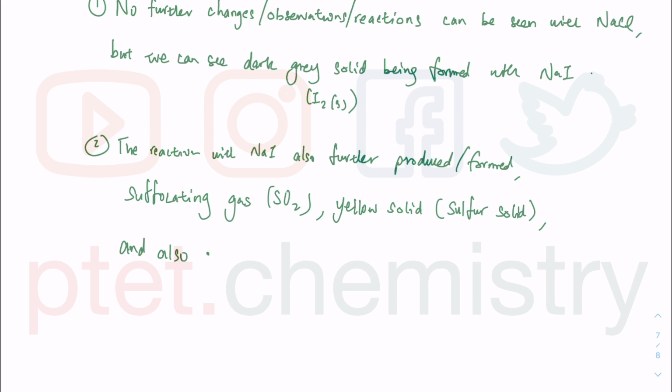what's the other one? A gas that smells like rotten egg. Rotten egg is a pretty bad smell. So this is your H2S, which is your hydrogen sulfide gas.